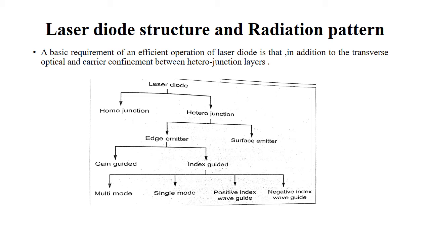So it is divided into four types, that is multi-mode, single mode, positive index waveguide and negative index waveguide. Positive index waveguide laser diodes mean the central region of the active region has a higher refractive index than the outer regions. And negative index waveguide lasers have a central region of the active layer with a lower refractive index than the outer regions.